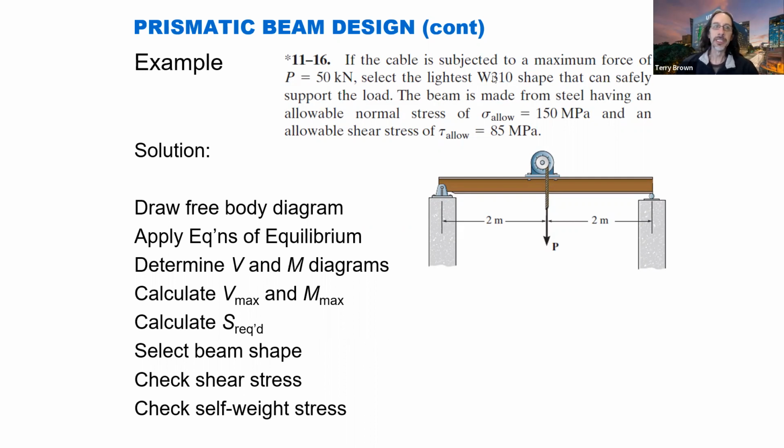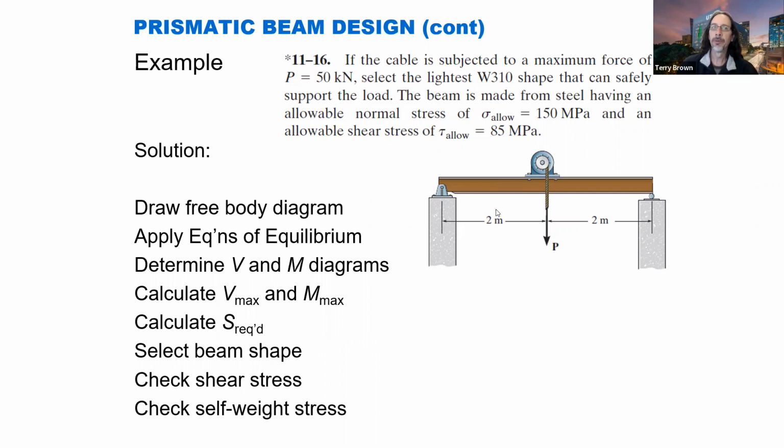So the reason that this particular one might have been chosen, remember this first number is the depth of the beam. So in part of your design, if it's going into a roof or something, or if it's something like this where it's in a workshop and you've got a crane, and this may be a gantry crane that moves along, you have a certain head height requirement, or a certain amount of space that you've got to fit the beam inside.